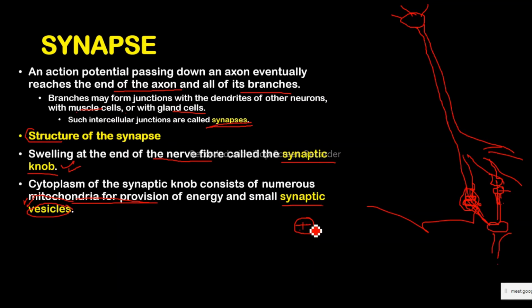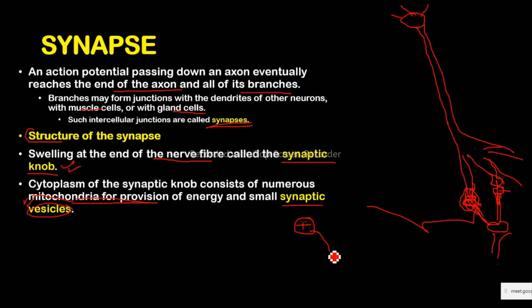Acetylcholine. And I briefly talked about how the impulse can be evoked from one neuron, from the presynaptic knob to the postsynaptic. Okay? But today we are going to talk about it in detail. So you have there the synaptic vesicles. Now these ones, they do contain a neurotransmitter substance.